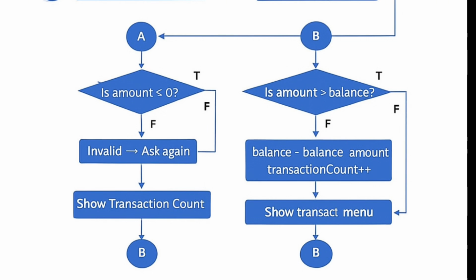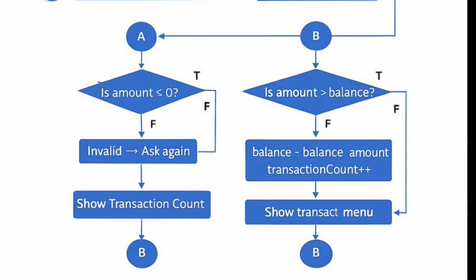If option 2 is selected, the program checks if the amount is greater than the balance. This prevents overdrawing the account. If the amount is greater than the available balance, the program displays an error and loops back to the transaction menu.